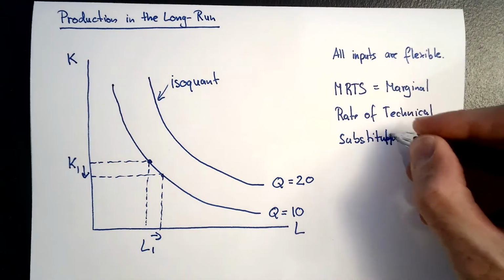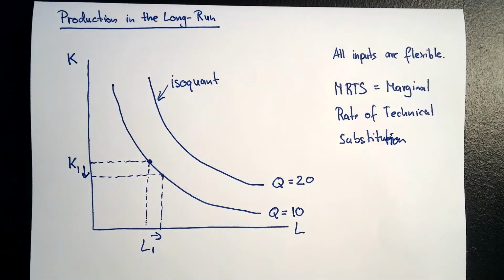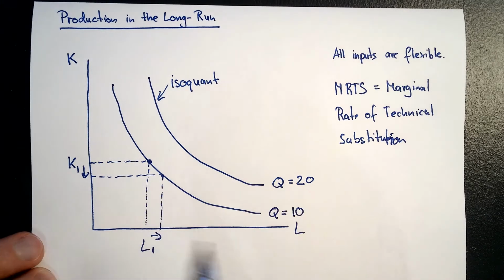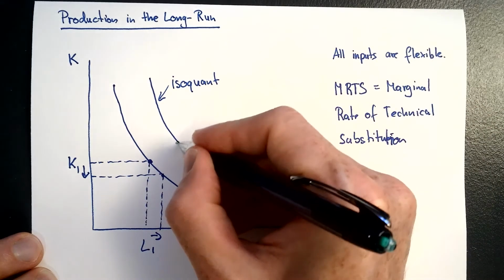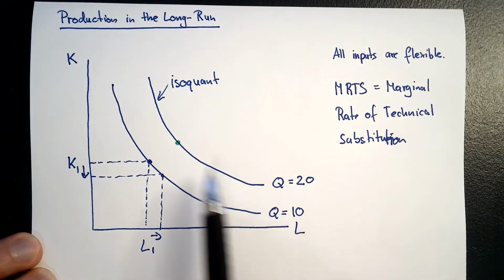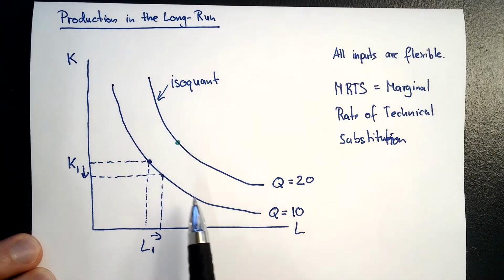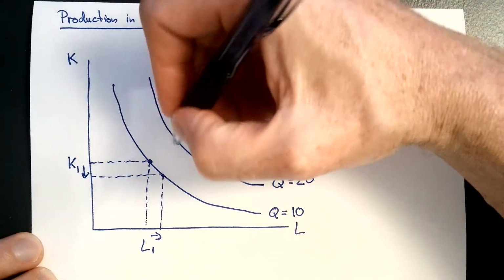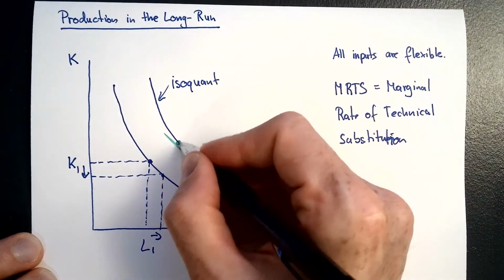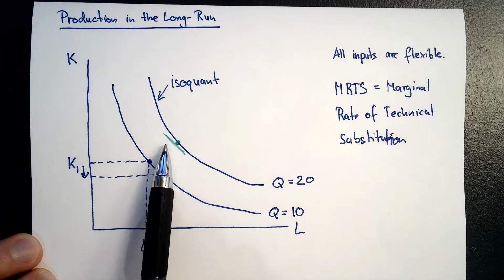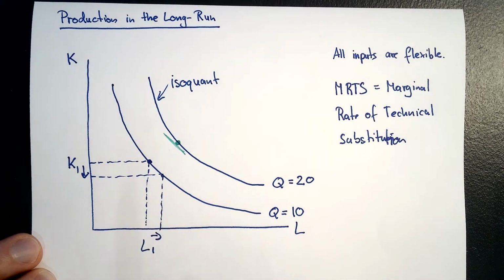Note that the MRTS represents the slope of the isoquant at a particular point. So the slope that is tangent at a particular point represents this MRTS.